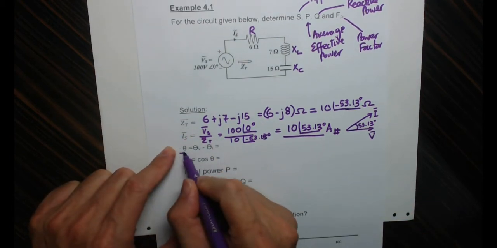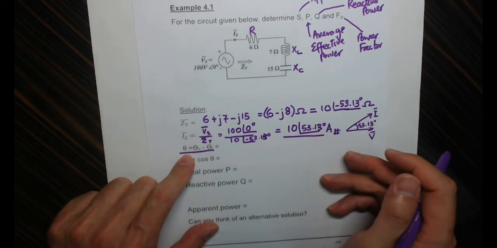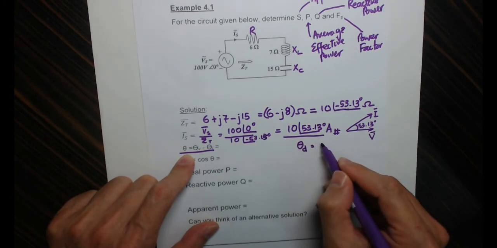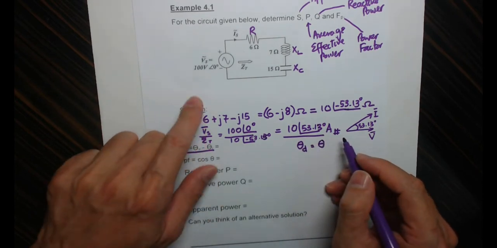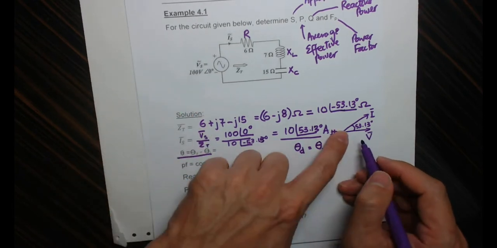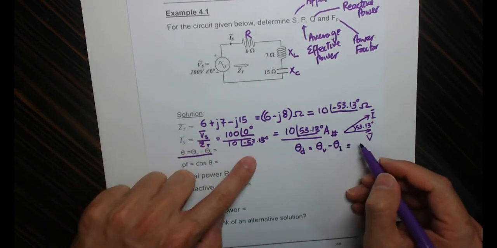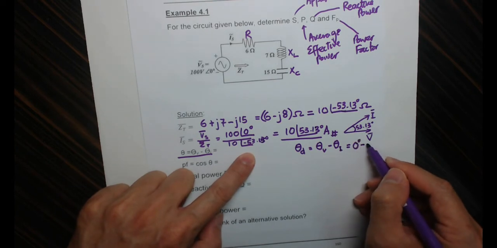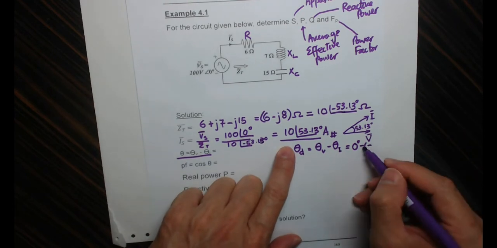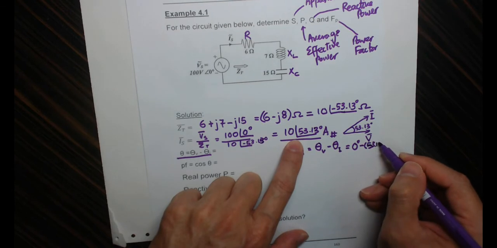So the next thing I want to calculate is the phase relationship between the voltage and the current. So phase relationship, theta, is the initial phase of the voltage subtract the initial phase of the current, I, which is 0 minus 53.13 degrees.